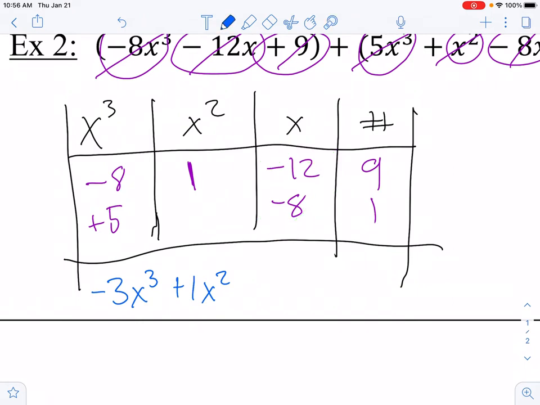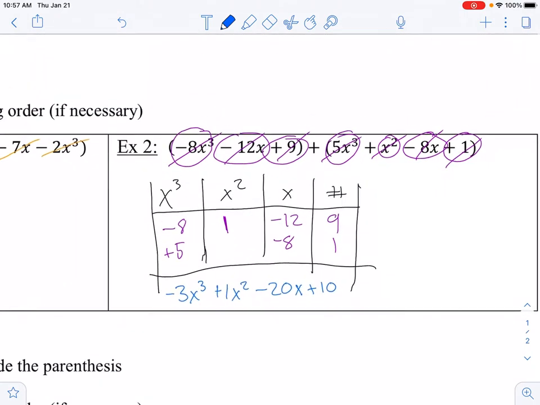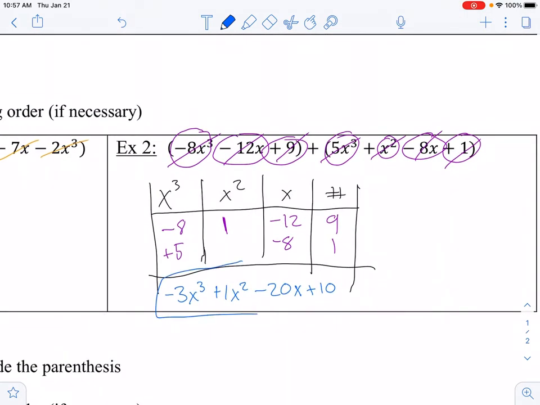Negative 12 and negative 8 combine to make negative 20, and that has an x attached to it. And then these are the only ones that I don't have to worry about writing a variable, and that's 9 plus 1, which is a positive 10. So there's another way of doing that.